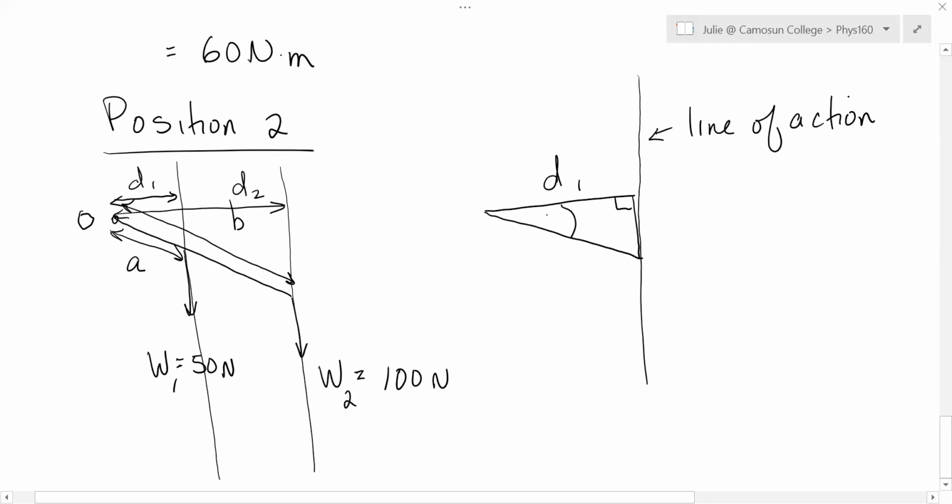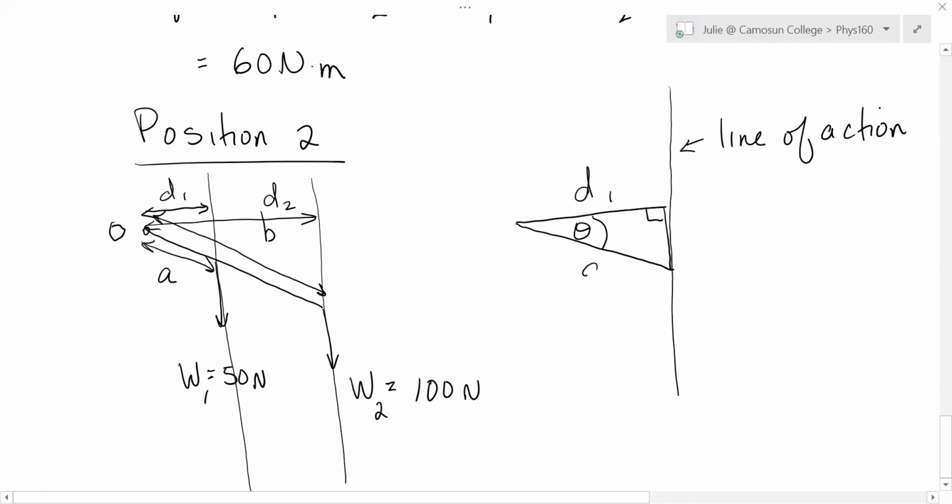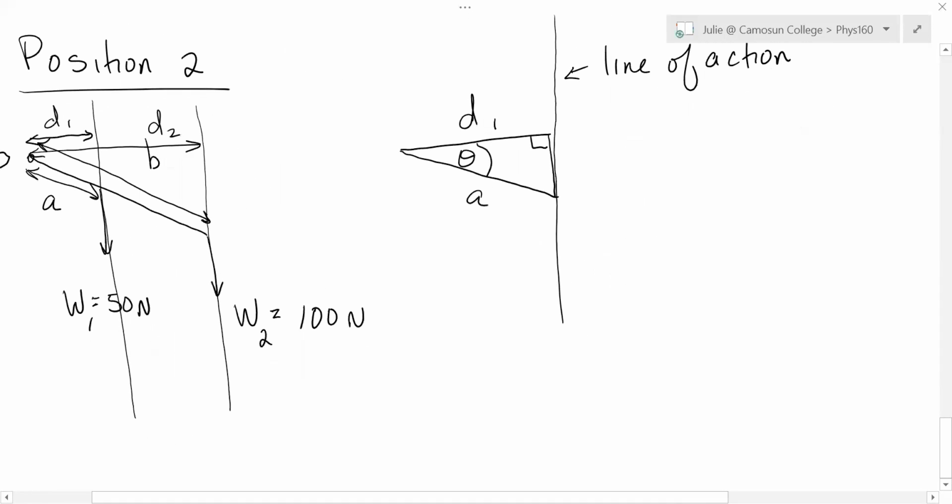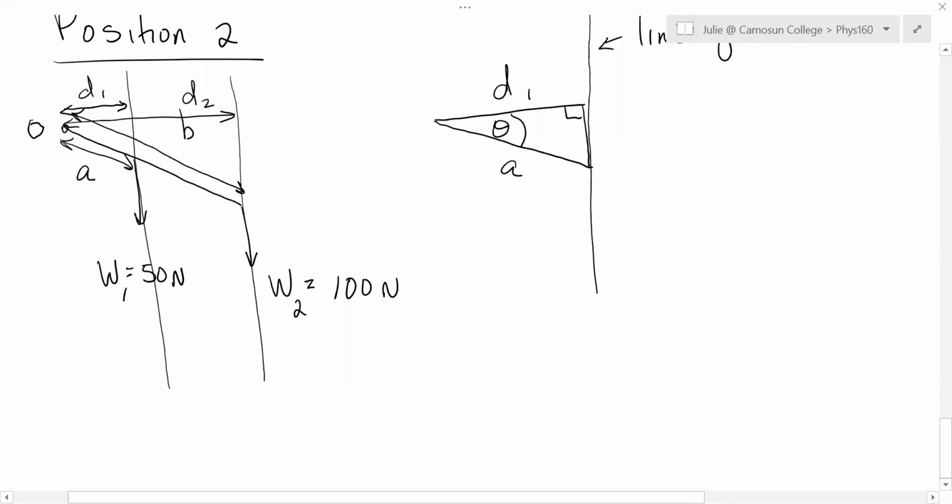They tell you this angle theta, and the hypotenuse now is A. So you do your trig, and you see that D1 is adjacent to the angle theta, so this is a cosine. Cosine theta is adjacent over hypotenuse, and so if you solve for D1, it's A times cosine theta.